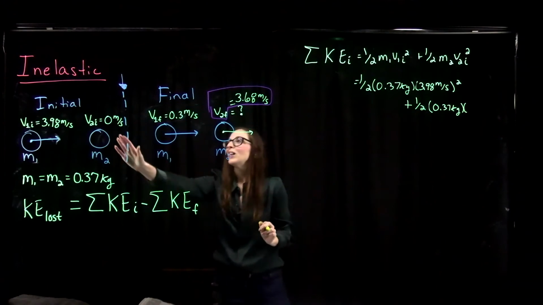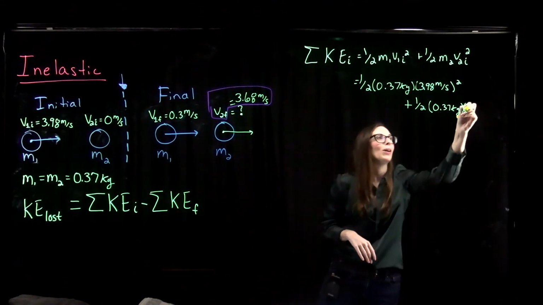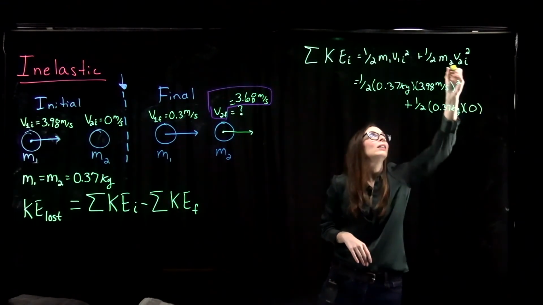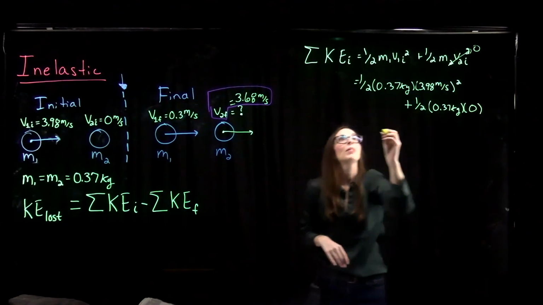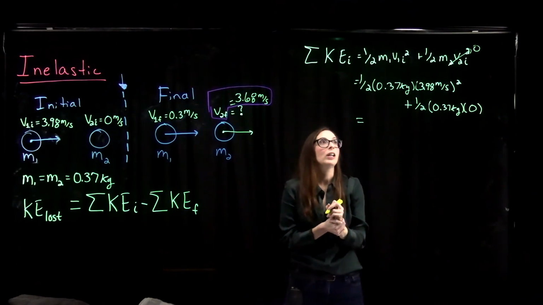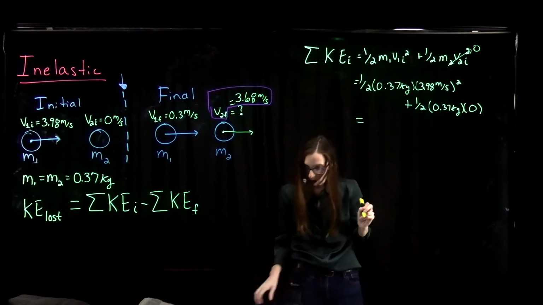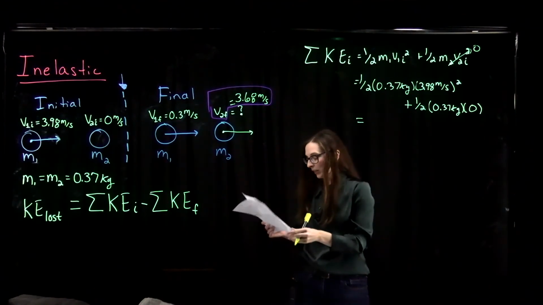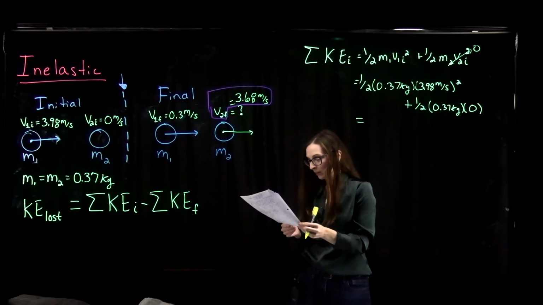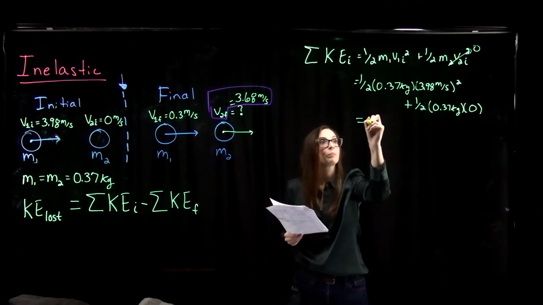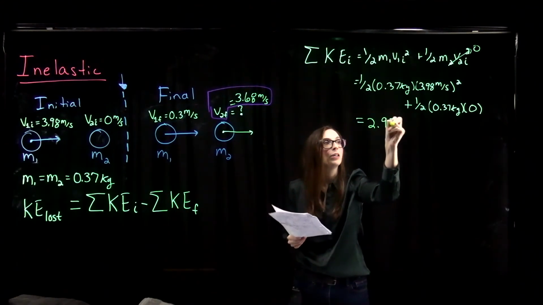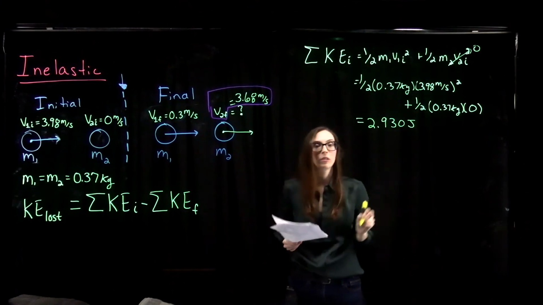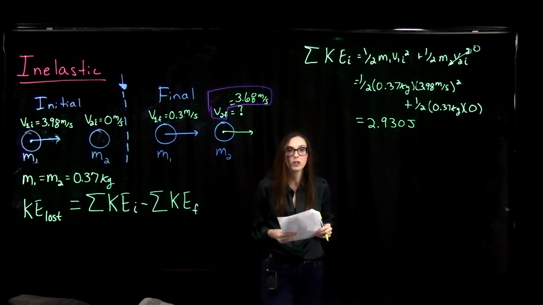Well, its initial velocity was 0 for the second ball, so I actually didn't need to write that, but this term is actually 0. So the initial kinetic energy is 1/2 times 0.37 times 3.98 squared, and that will be 2.930 joules. That's the sum of my initial kinetic energy.